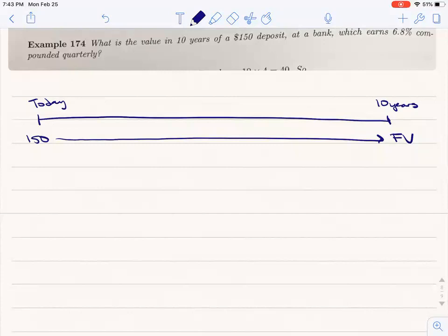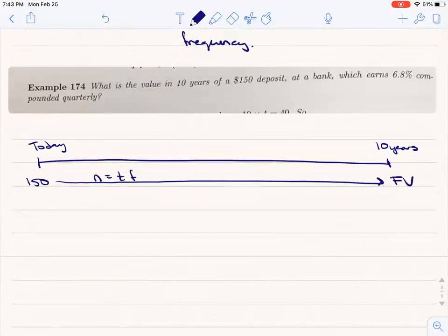Instead of T on the arrow, I want to put N now, right? Because N is taking the place of time. Right? And so here, I've got N is time times the frequency. Okay? And just making a note here, if it's compounded quarterly, the frequency is 4. Right? And here, R is 0.068.